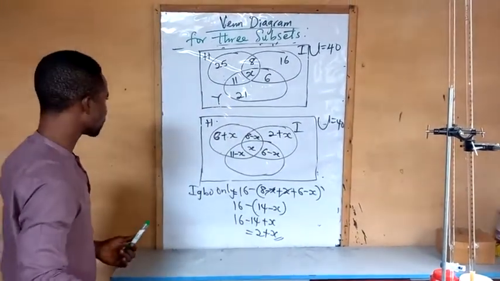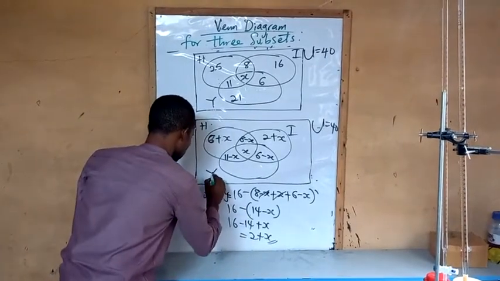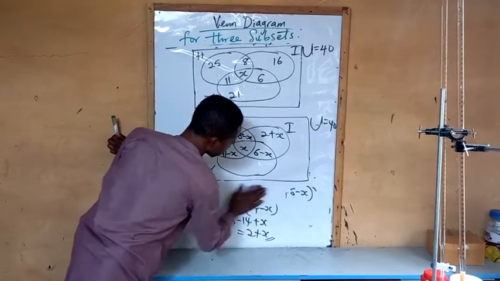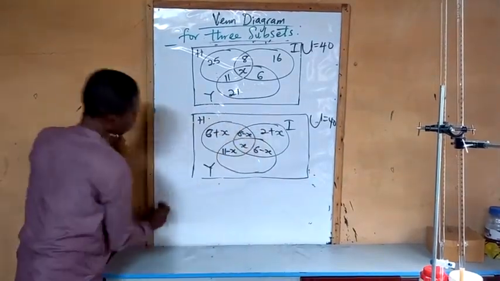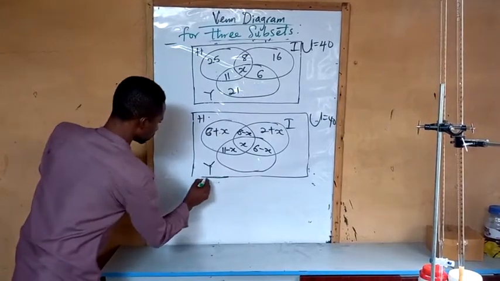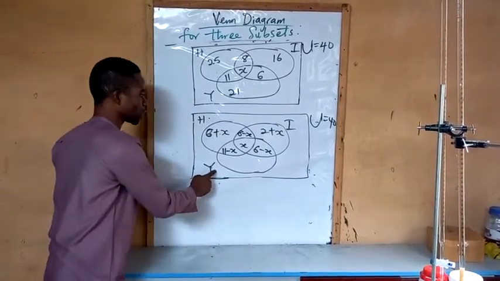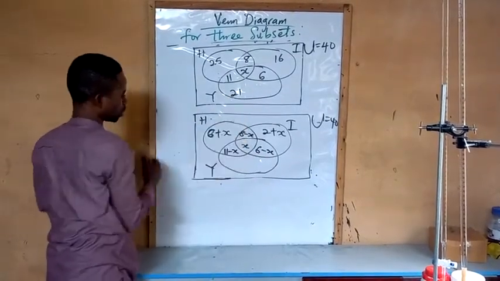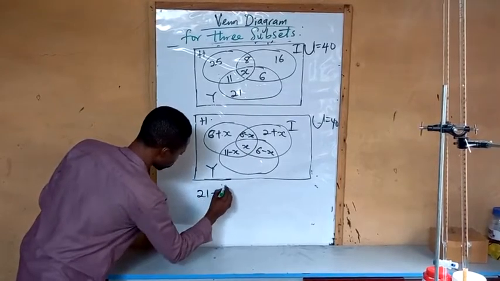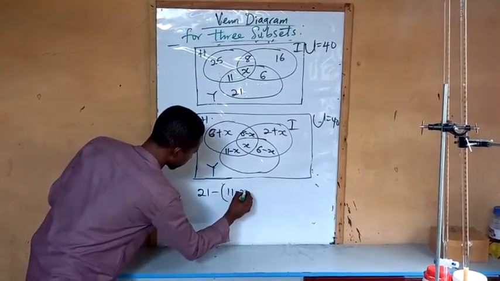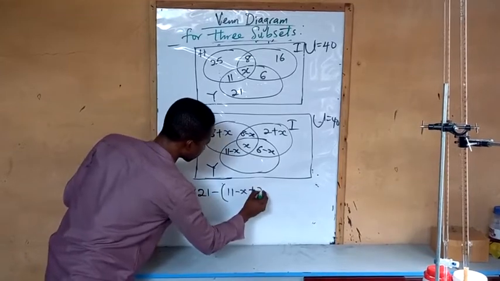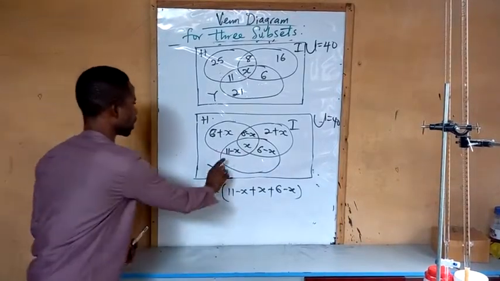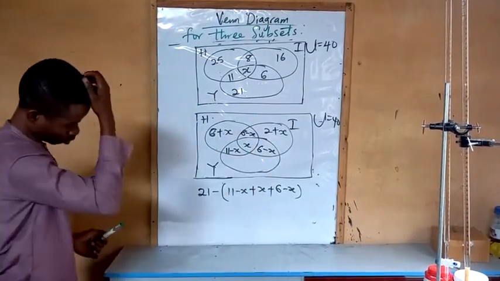Now, for me to get Yoruba only, I'll apply the same thing. I have to subtract everything that enters Yoruba from the Yoruba given to me. That is 21 minus open bracket 11 minus X plus X plus 6 minus X. All of these things enter Yoruba, so I have to subtract them from it.